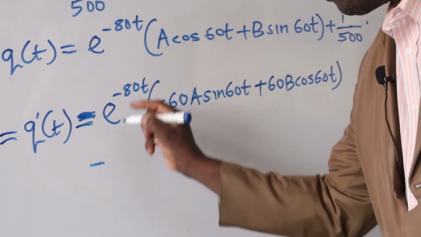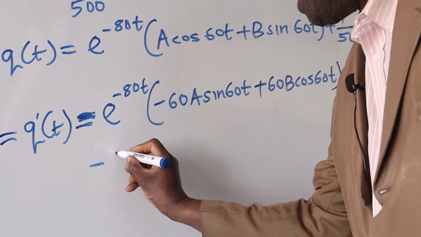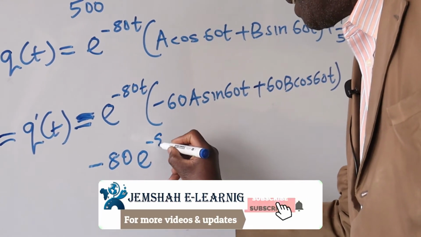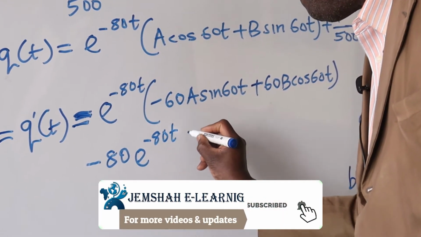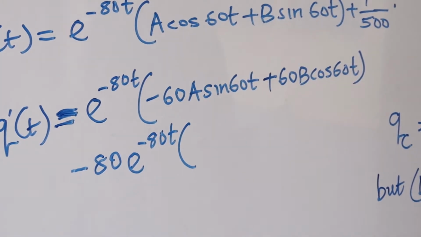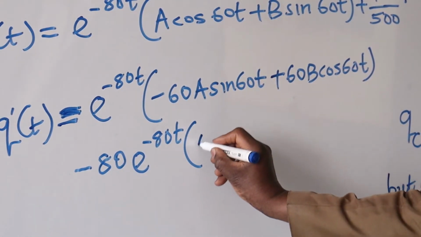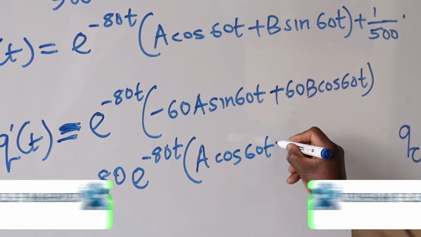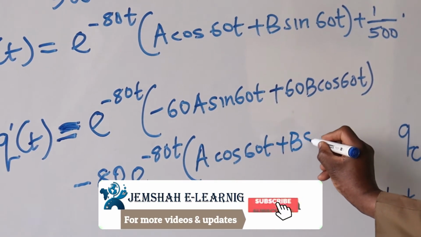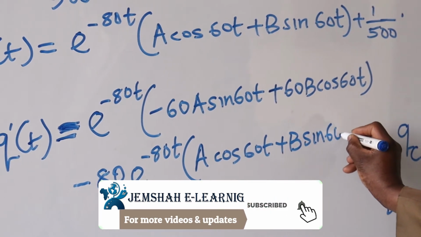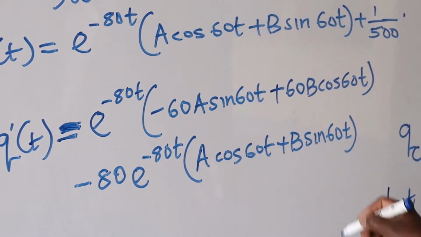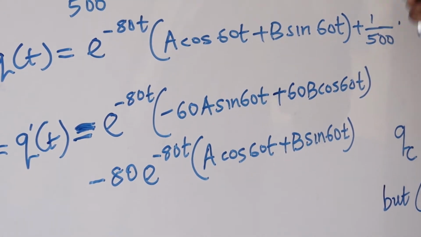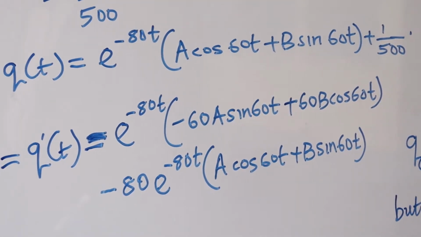Plus, we differentiate the exponential, we get minus 80 e power minus 80t into a cos 60t plus b sine 60t. Here, when you differentiate this one, you get a 0. So this is the derivative.